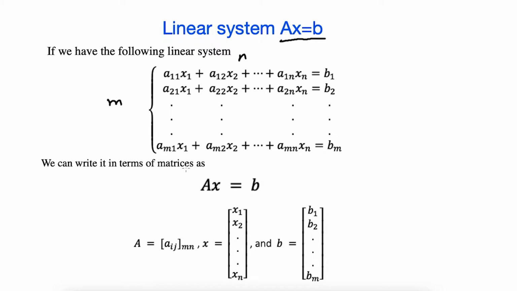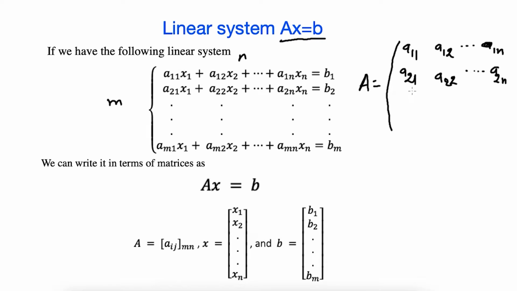When we represent this linear system, A equals the matrix A11, A12, till A1n, and A21, A22, till A2n, and so on till Am1, Am2, and Amn.